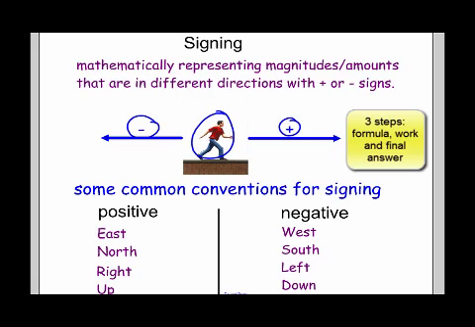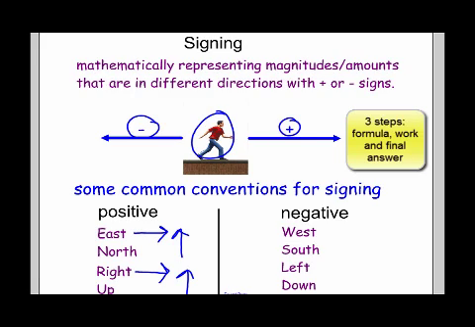So take a look at the bottom, some other common ways you can see these. Positive can also mean east, so it could also mean north. Remember, east would be like this, north would be like this, right or up. So anything that's going to the right or up, east, north, we describe those as positive values.